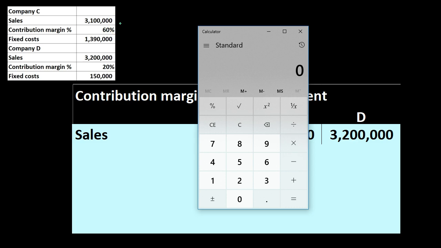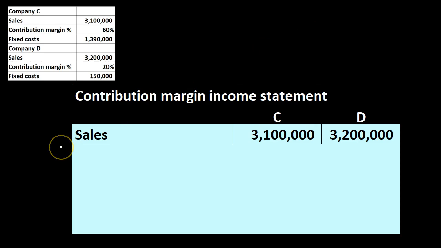And therefore, we can figure out the contribution margin first with these numbers by saying, well, sales is 3,100,000 times 0.6 or 60%. And therefore, the contribution margin is going to be 1,860,000.